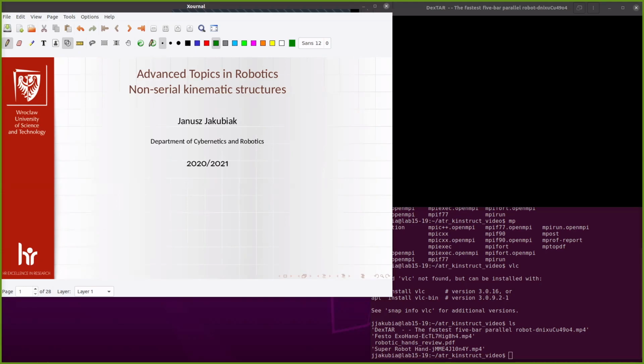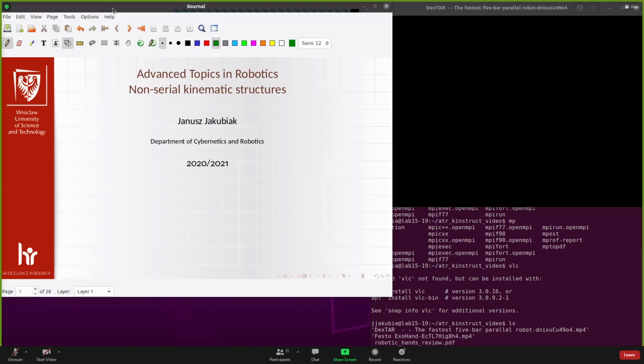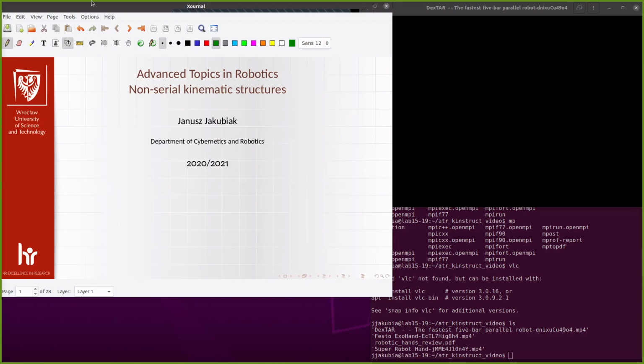Subject for today is kinematic structures. I hope it will be one of the easier subjects to deal with, because I would like to tell you about some different types of manipulators that we can meet.